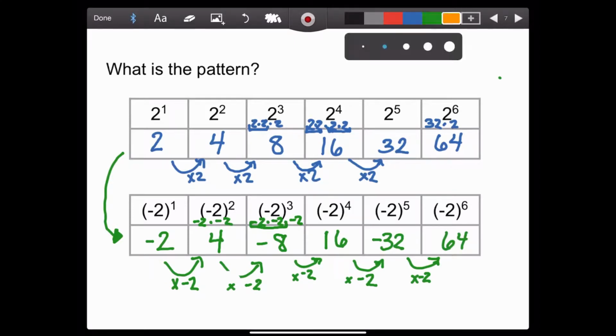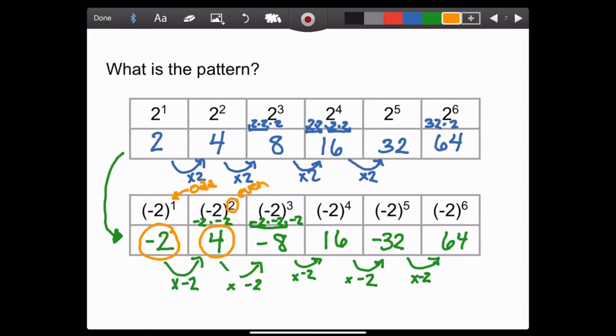So I want you to look and see how do you know when it's a negative or a positive when you're raising it to a different exponent? So is this odd or even? It's odd, right? What's this one?